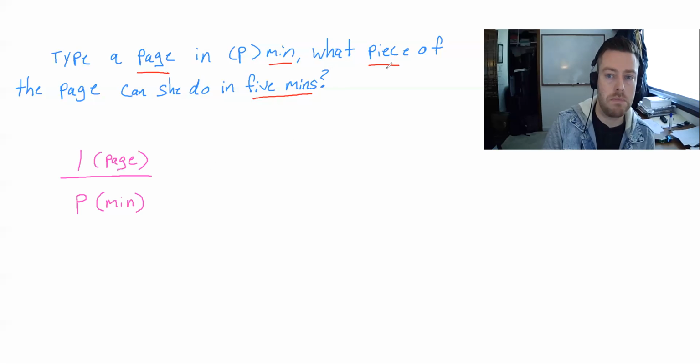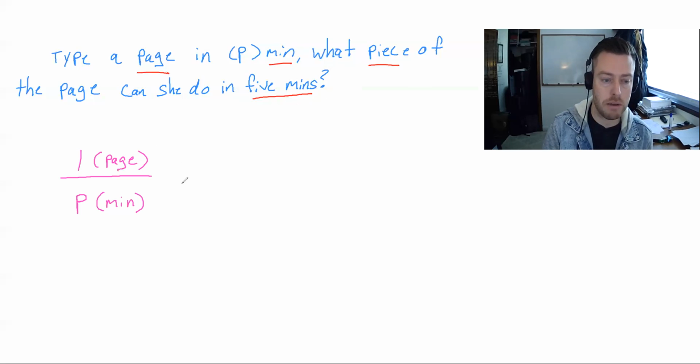Now it asks what piece of the page she can do in 5 minutes, and this is where it gets a little interesting. We have this fraction, with pages on top and minutes on the bottom. The answer is asked in terms of pages, not minutes, so we need to get rid of the minutes, right?